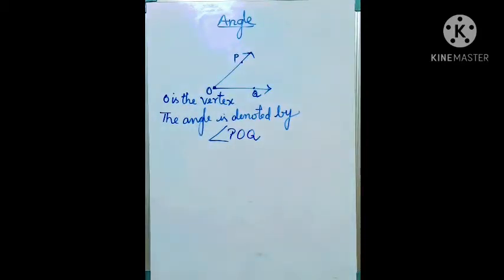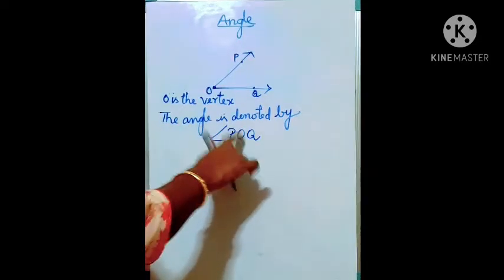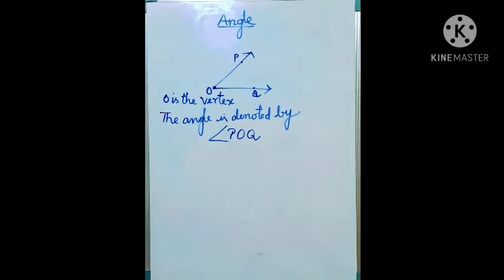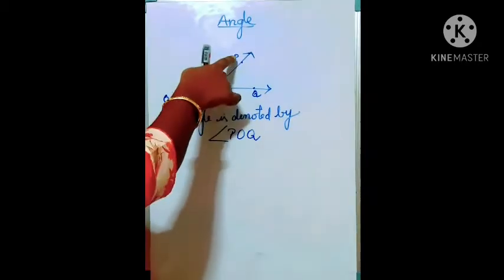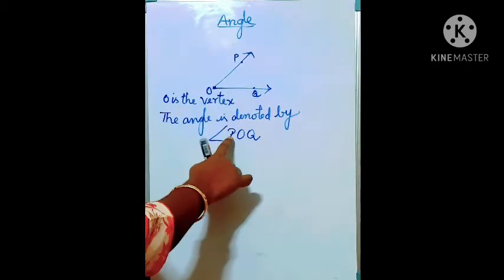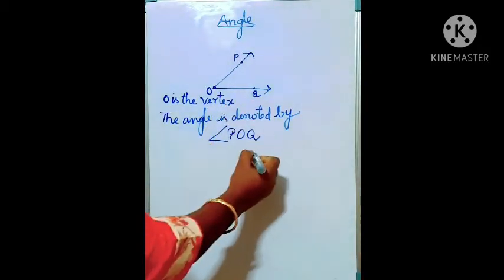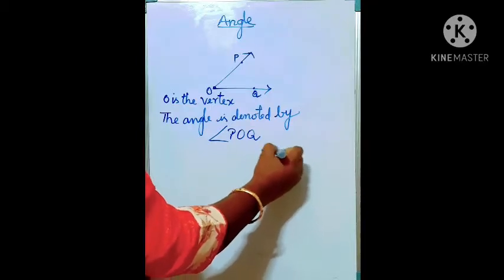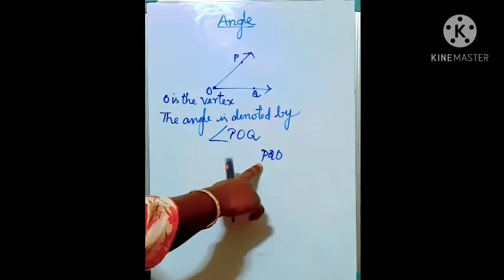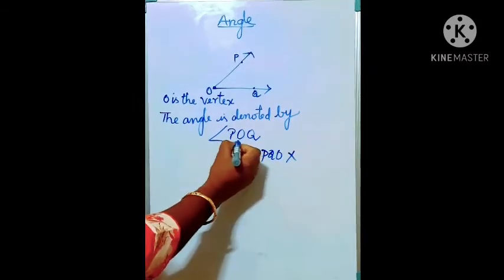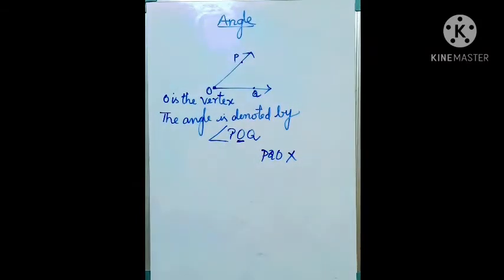So the vertex will always be written in the middle letter. Do you understand? So if it is POQ, you should write O in the middle. Not like PQO. You should not write it in this way. Understand? This is wrong. So always the vertex should be in the middle letter. Okay. Fine.